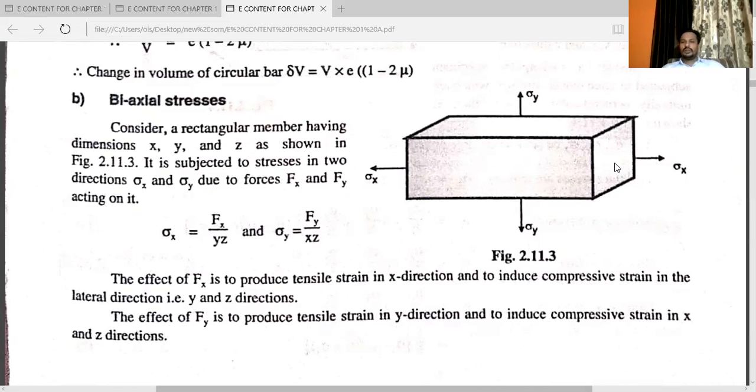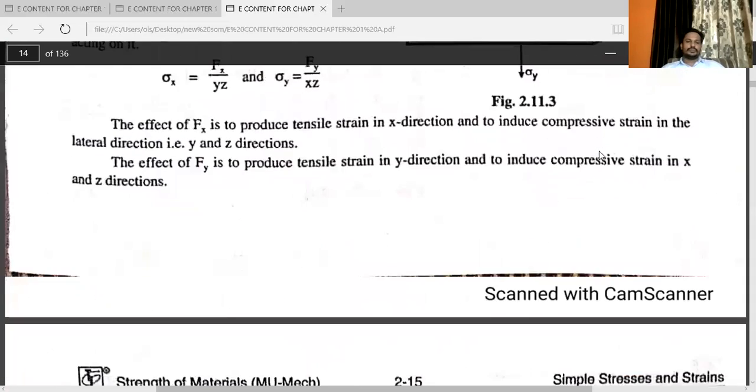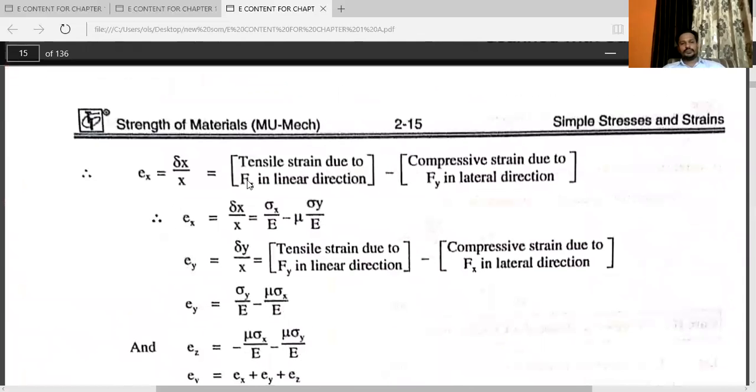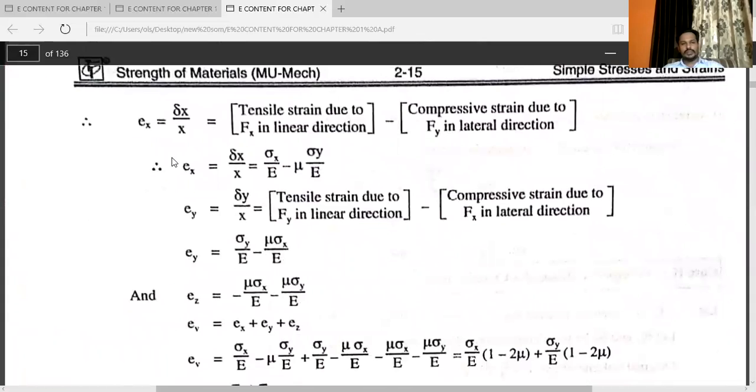Because here you can see sigma x, and this one is sigma y. The y direction is sigma y, the x direction is sigma x.